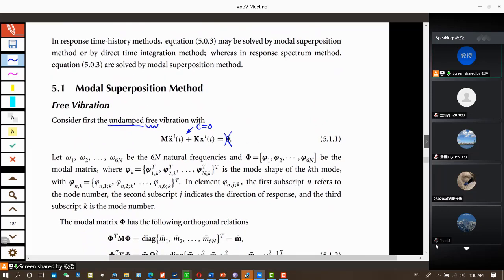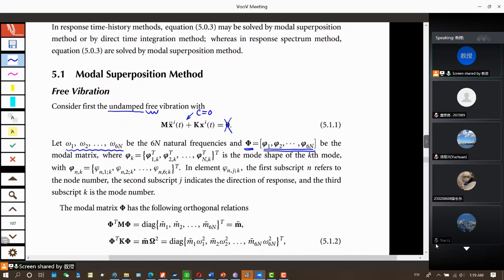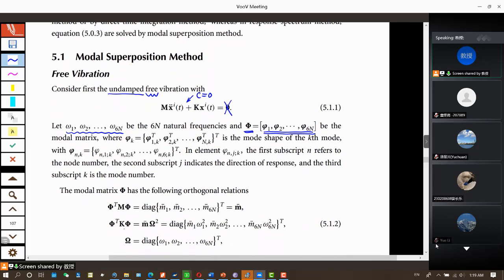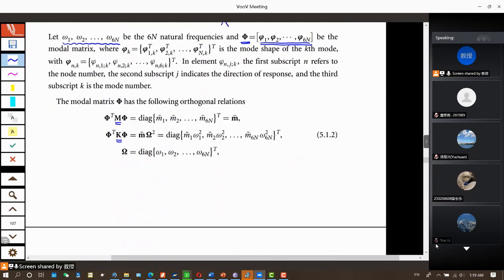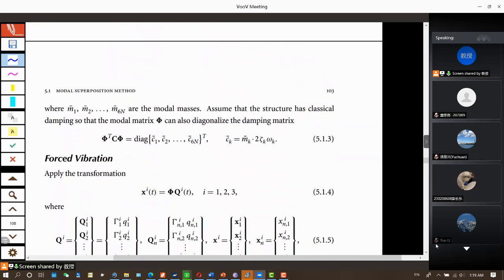And if we assume that the structure has classical damping, then matrix C can also be diagonalized by the modal matrix. So we obtain modal damping. And now we apply a transformation. This is the relative displacement.